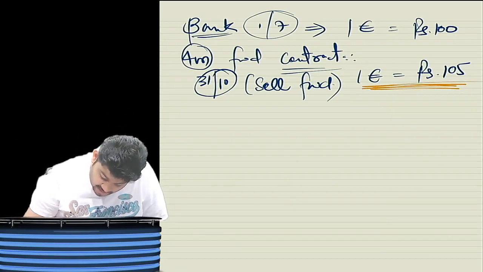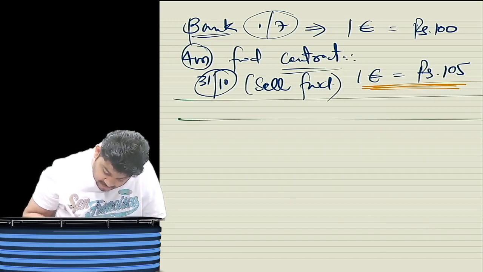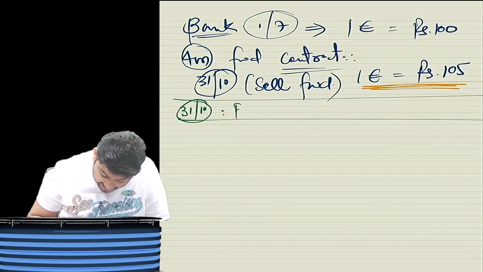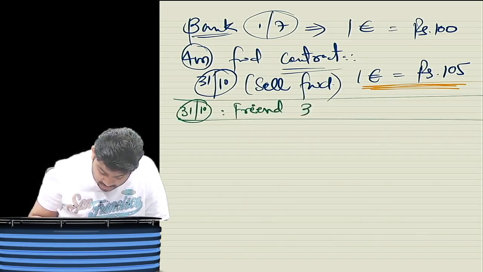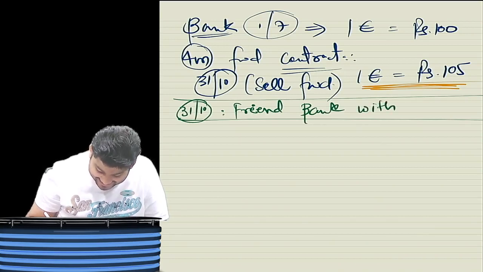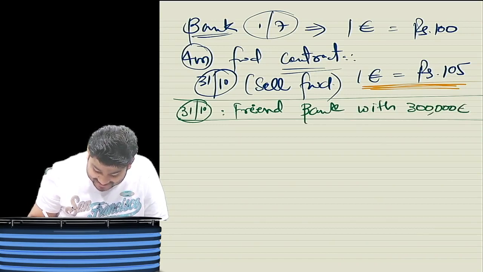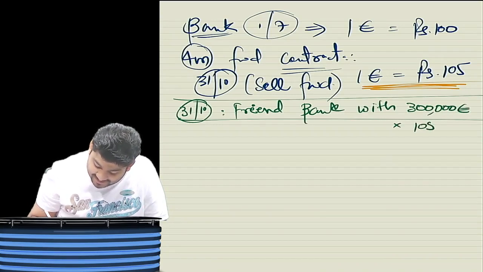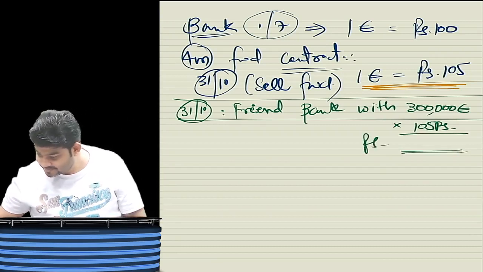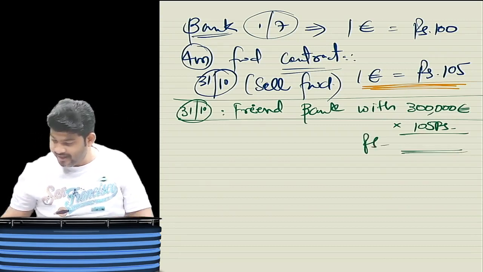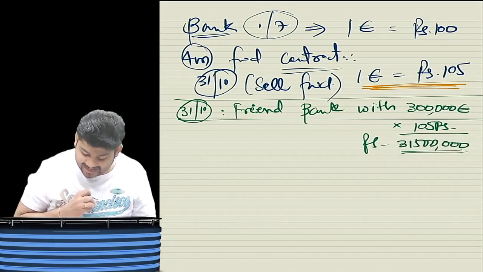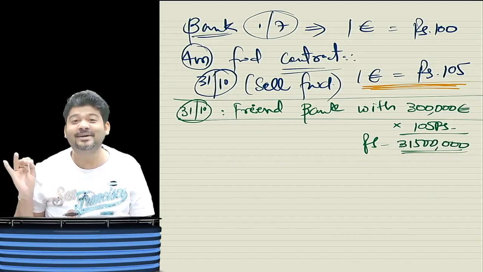Obviously, your friend will go to the bank on the due date, which is 31st of October, with 3 lakh euros and convert them at 105 rupees, and rupees 3 crore 15 lakh will be credited in his account, and he's very, very happy.